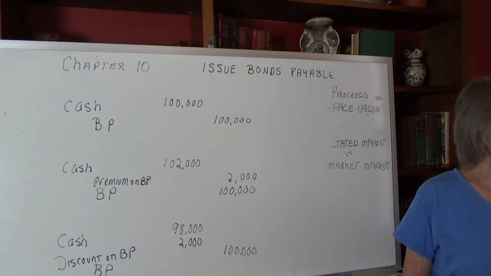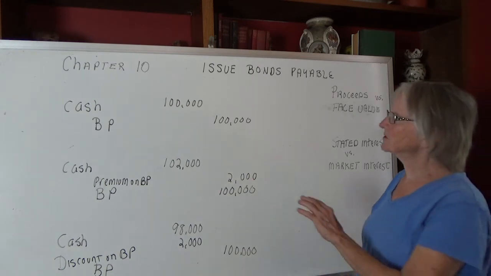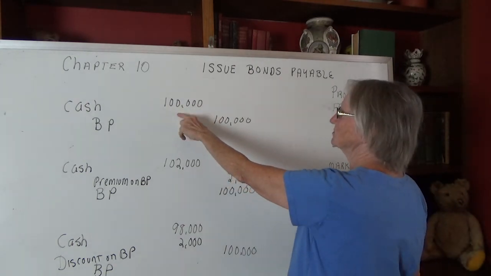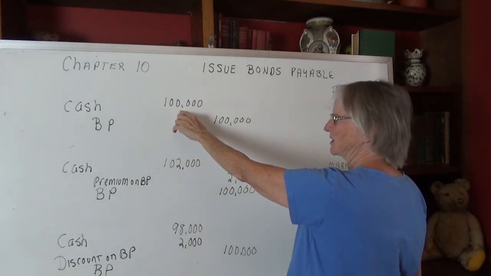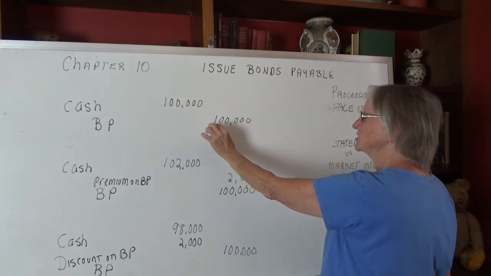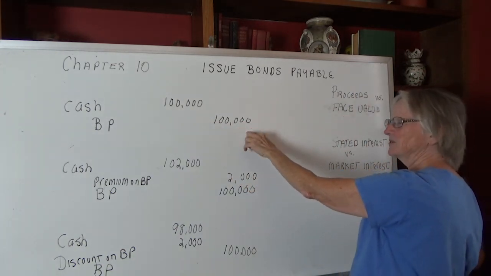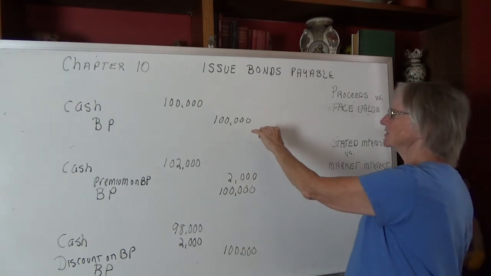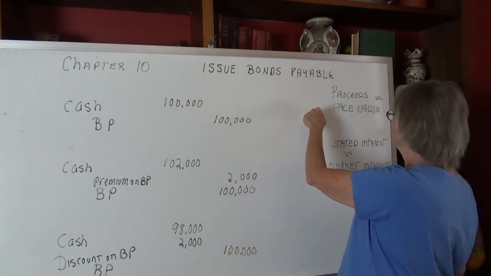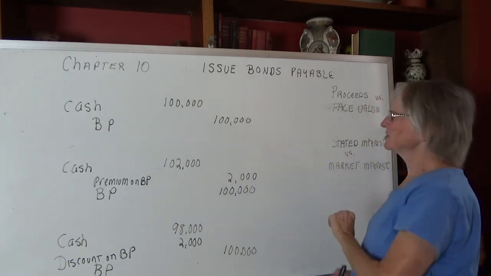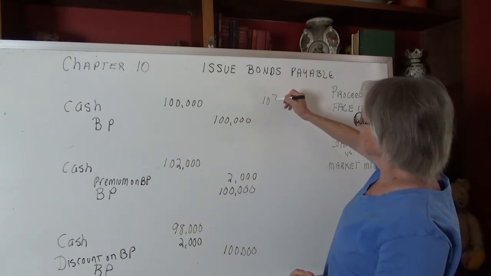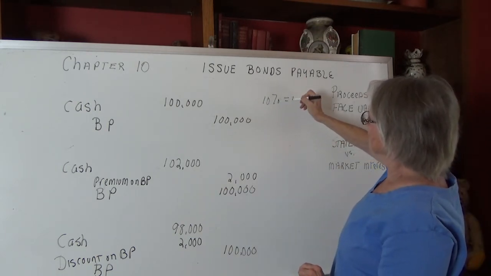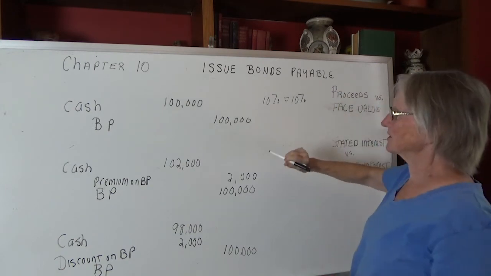If the bond issue price, the bond proceeds, is equal to the face value of the bond, we say that it was issued at face value, and that means the stated interest rate is probably equal to the market rate. Say the stated rate is 10% and it equals the market rate of 10%.